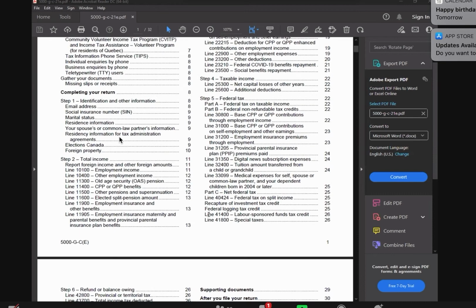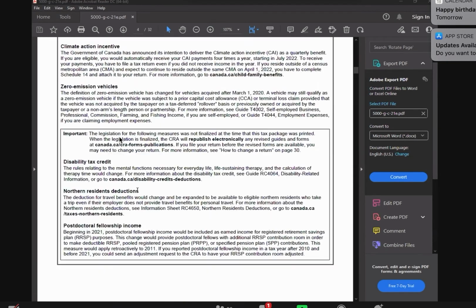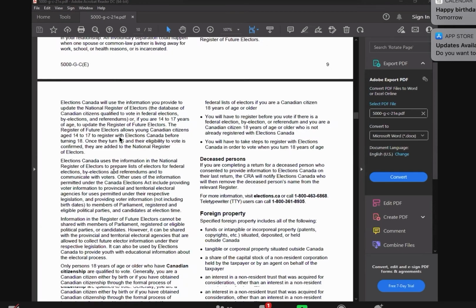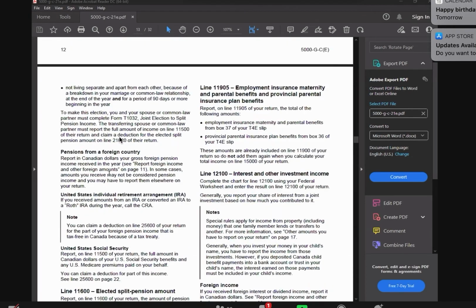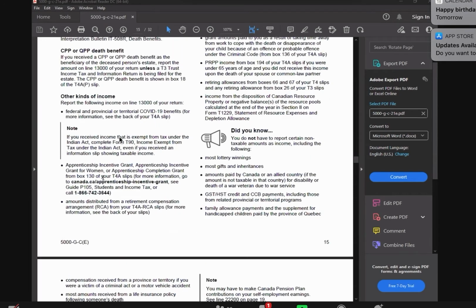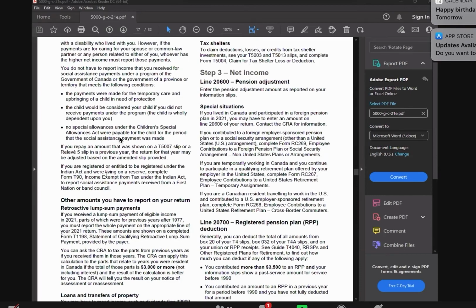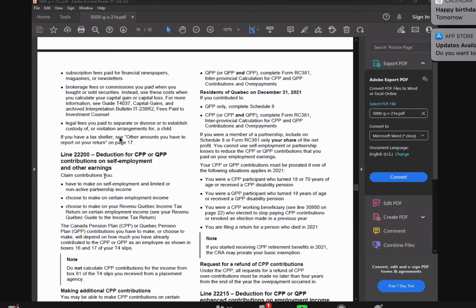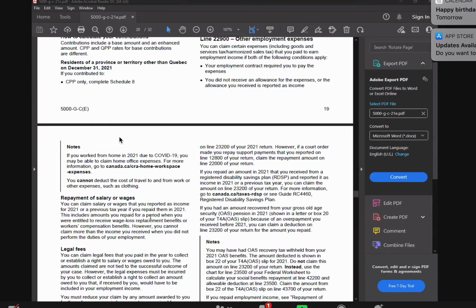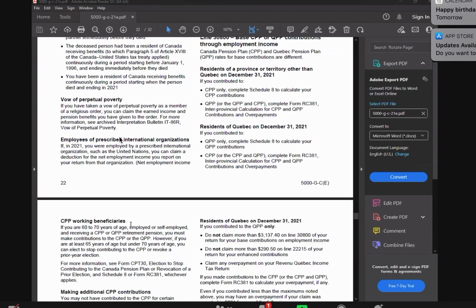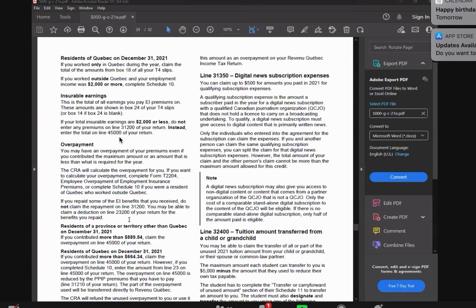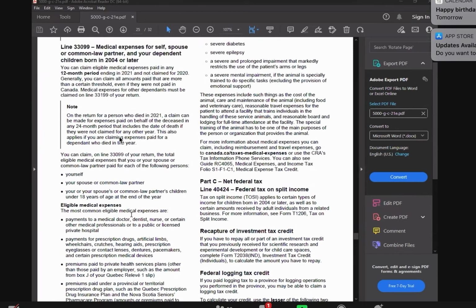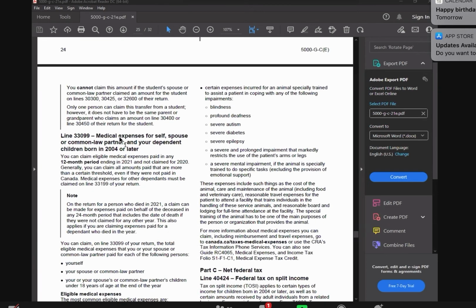Mm-hmm. 25, I think. Is anything on 25? So there's medical expenses for self.